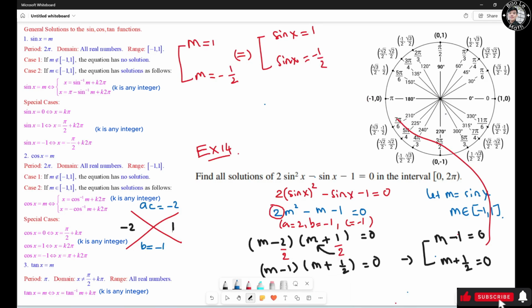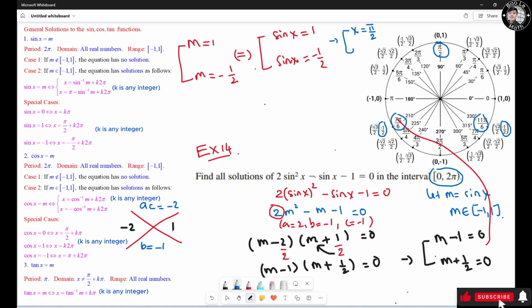Now in the interval 0 to 2 pi, sine x equals 1 when x equals pi over 2, and sine x equals negative 1 half when x equals 7 pi over 6 and 11 pi over 6. So the first one is s equals pi over 2.